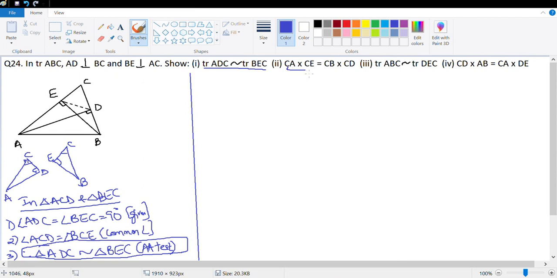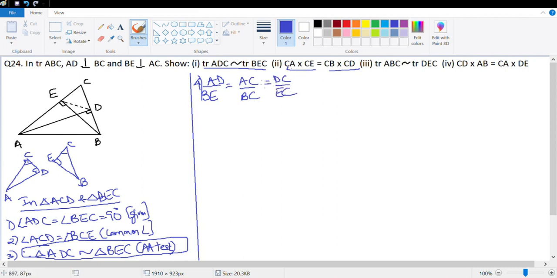It says CA into CE equals CB into CD. I think we should get this from the CSST of this one itself. Let's try. Since these two triangles are similar, what I have is AD upon BE is equal to AC upon BC, which is equal to DC upon EC.